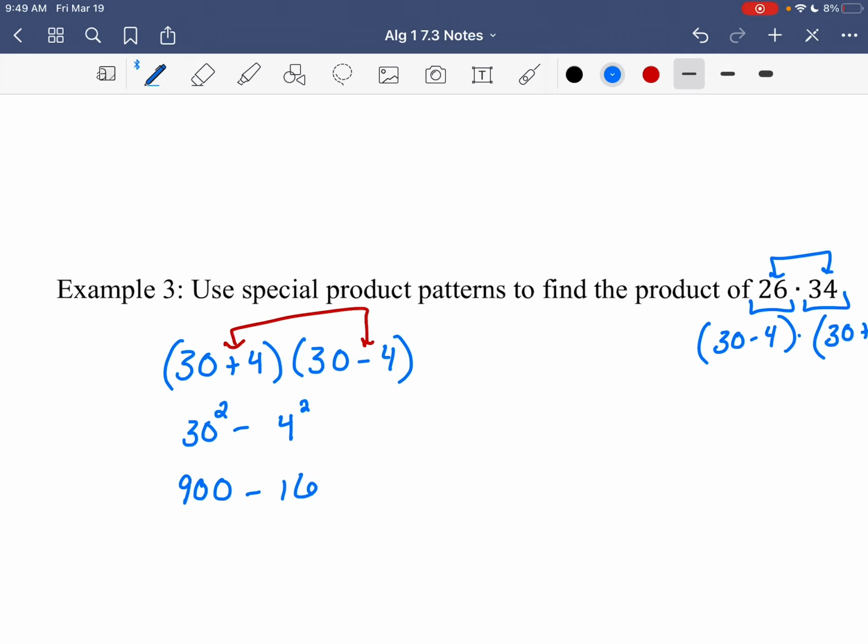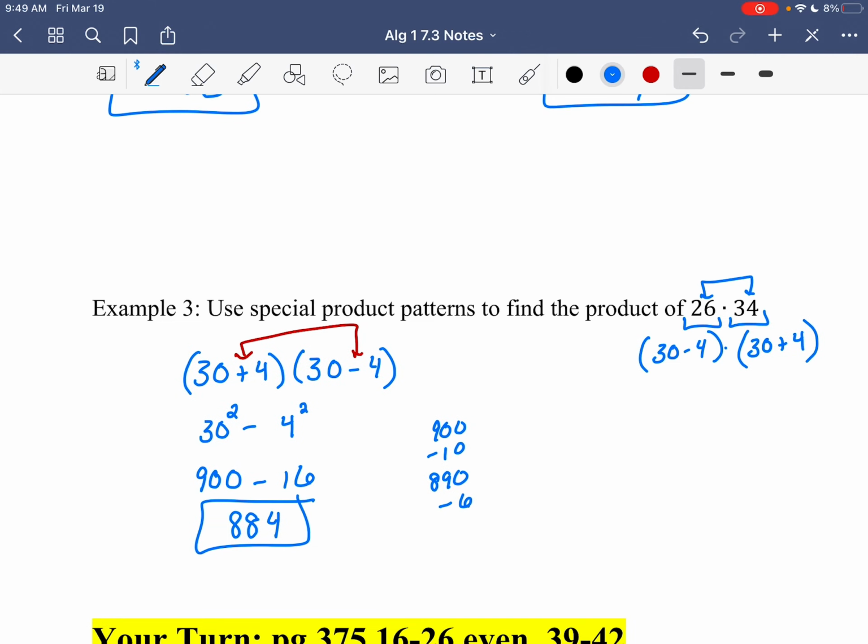So I'm just taking 900 minus 16. So take 900 minus 10, which is 890, and then take away another 6, which is 884. Quick way of doing a bit of mental math without having to write it all out.